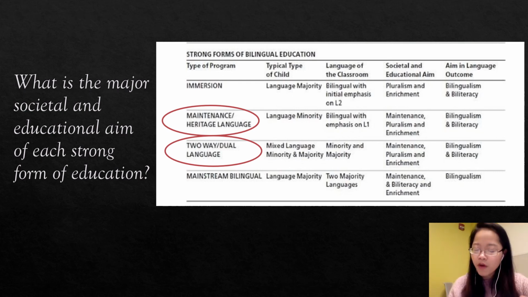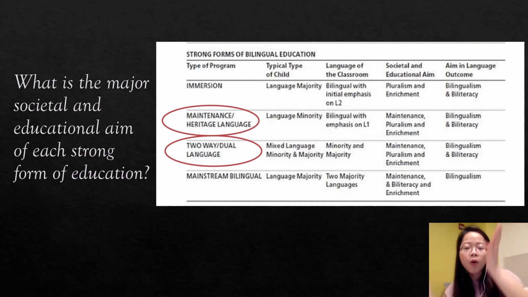But in a strong form of bilingual education, a dual language, they can still co-teach, but one teacher teaches one language. So the first part of the class I learn in English, and the last part of the class I learn totally in Mandarin with the same content.